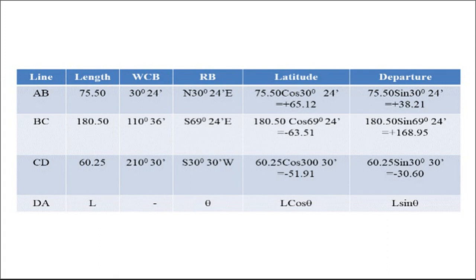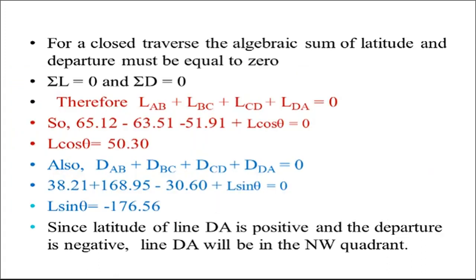Then next, as we know, for a closed traverse the algebraic sum of latitudes and the algebraic sum of departures should be equal to 0. That is, summation of L is equal to 0 and summation of D is equal to 0.